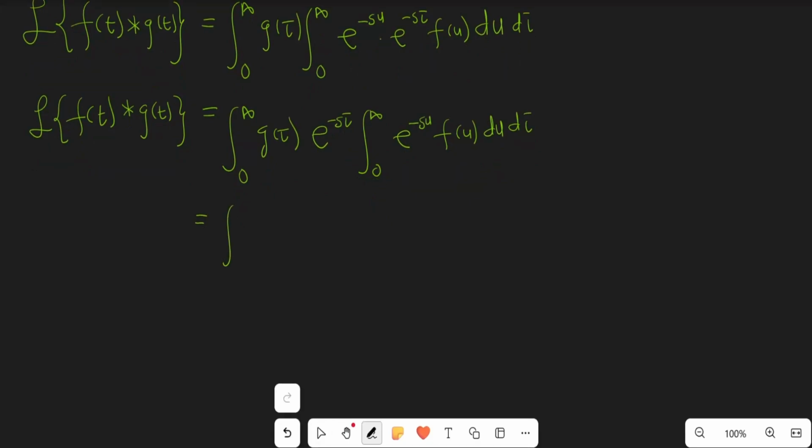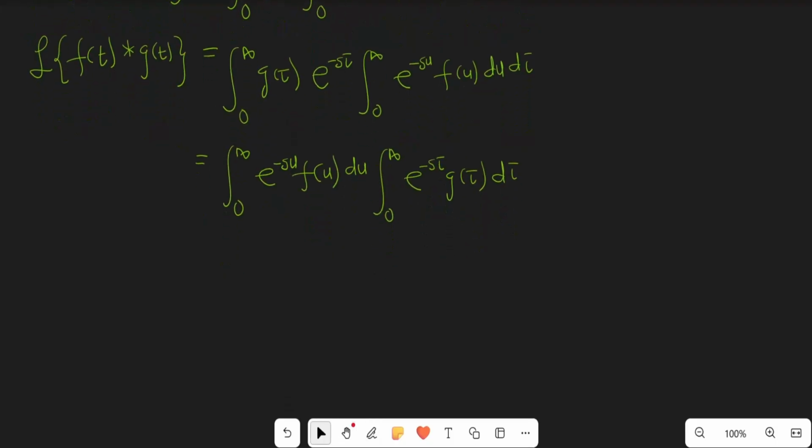So that is going to be the integral from 0 to infinity of e to the negative su multiplied by f of u, and then du, and then this integral, that is going to be the integral from 0 to infinity of e to the negative s tau, multiplied by g of tau, and then d tau, like this. And this is the Laplace transform of f of t convoluted with g of t.